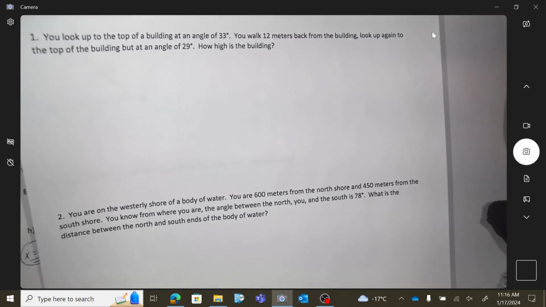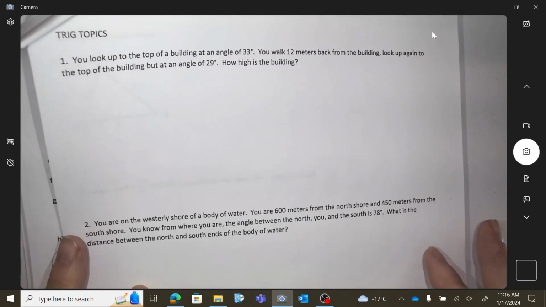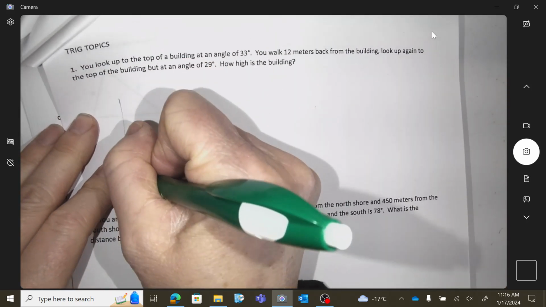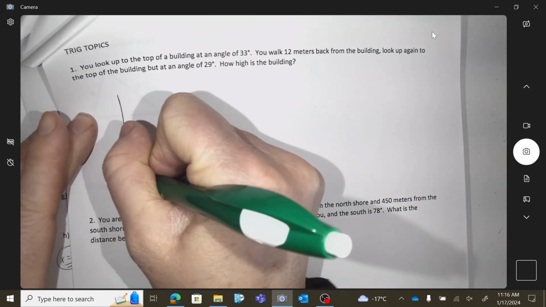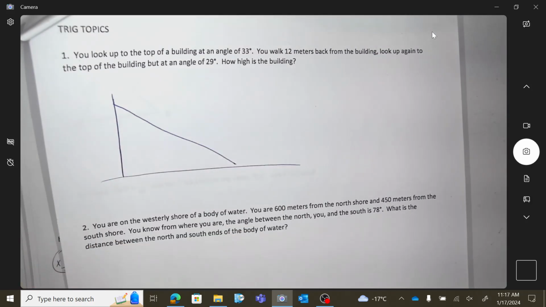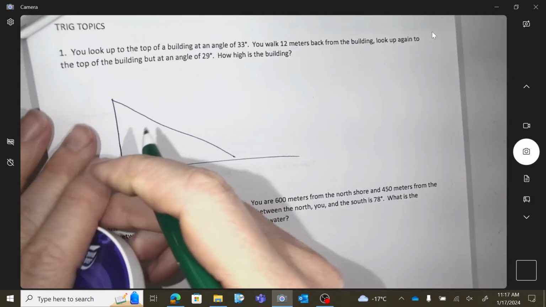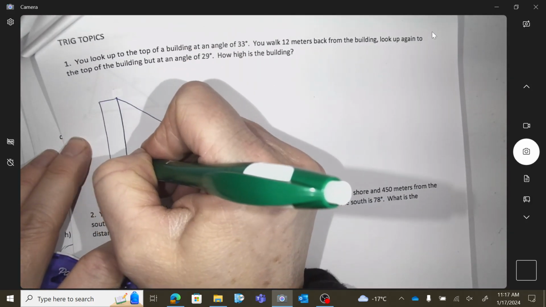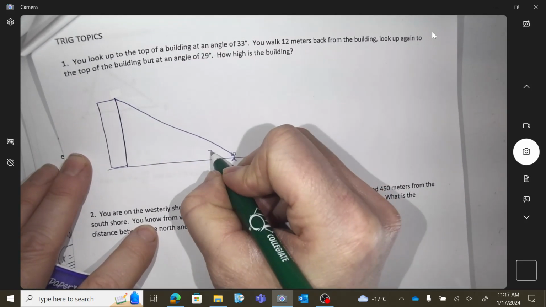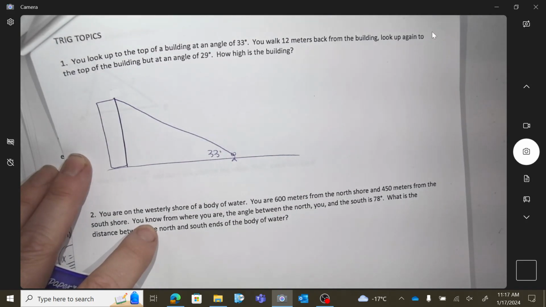So you look up to the top of a building at an angle of 33 degrees. Okay, so you look up at a 30-degree angle.